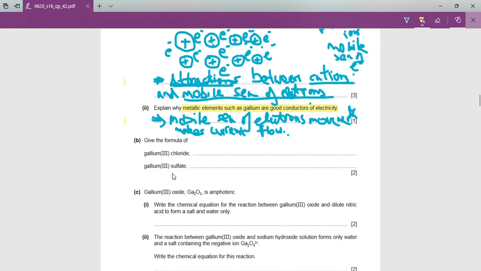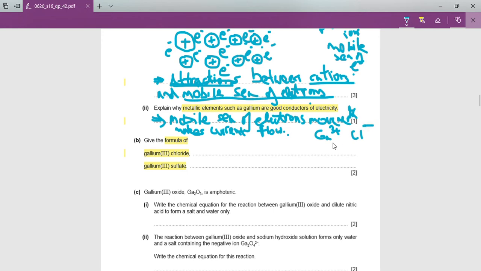Anyways, give the formulae of gallium 3 chloride and gallium sulfate. So gallium forms the 3+ ion, as it's in the same group as aluminium. I was going to say aluminum, which is wrong.